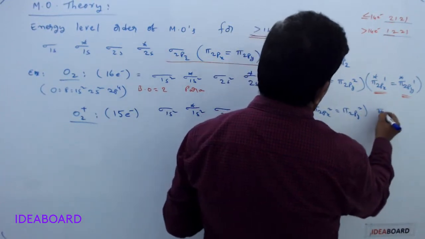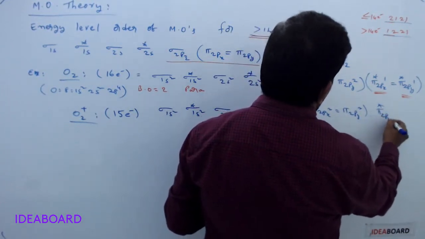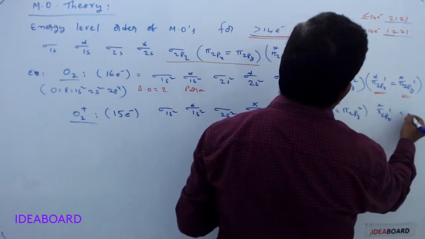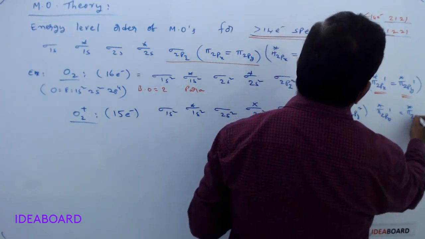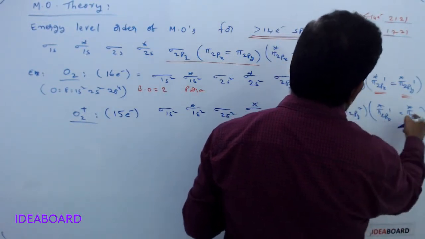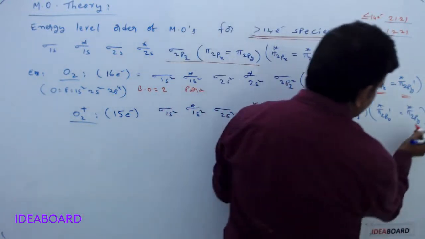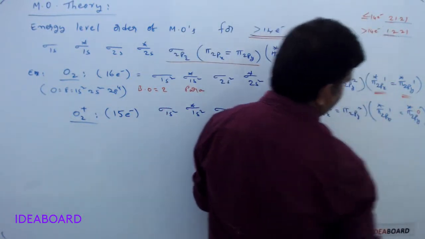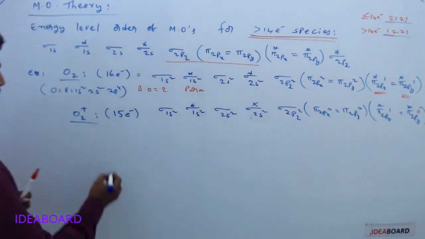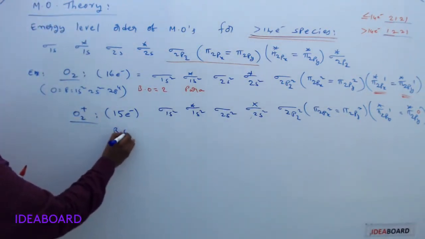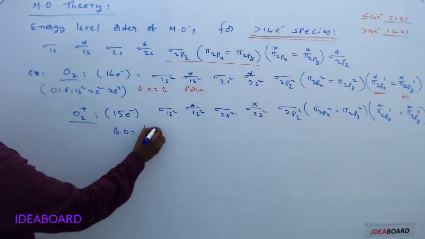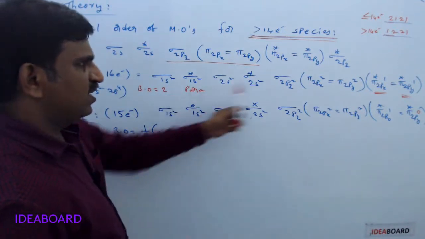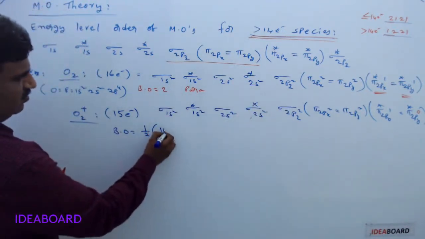Okay, and next pi star 2px1 equal to pi star 2py, which has no electron, it is 0. Please remember, no electron is present. So what is the bond order here? Bond order is half into bonding electrons, no change, it is 10.